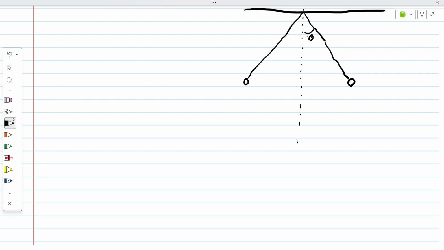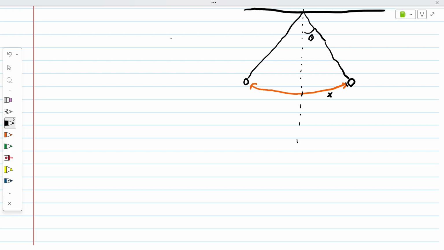And so let's try to figure out some things that we can use to derive this equation, right? So first of all, let's look at what does the motion look like. So this pendulum is going back and forth along like a curve, right? It's not going in a straight line, right? It's going along a curve. And so the distance that it's traveling, we'll call from here to here, we'll call x.